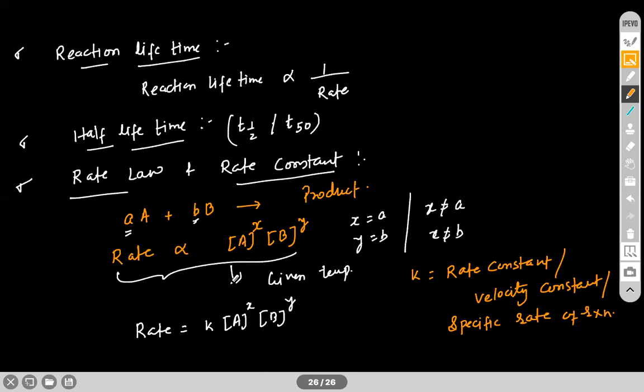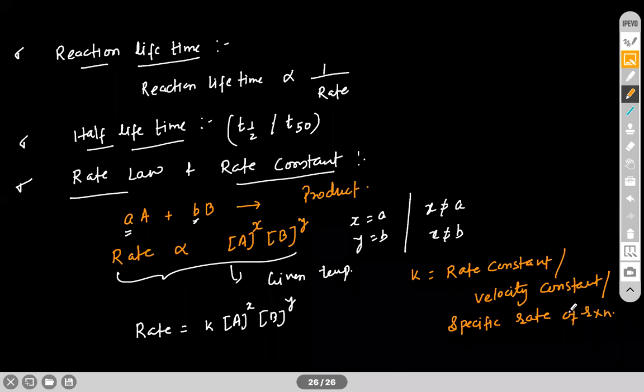So what happens if you put A and B equal to 1? You'll get rate is nothing but K. Hence, K becomes the rate of the reaction. So if the concentration is 1, K is nothing but the rate of the reaction. Hence, it is the specific rate of the reaction.